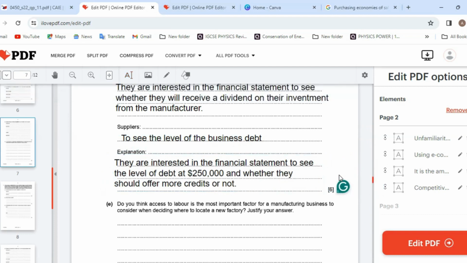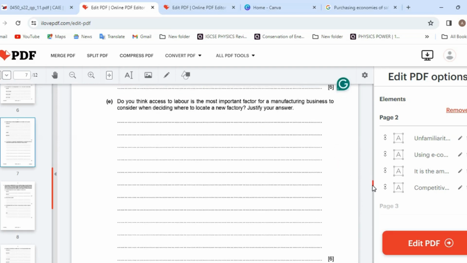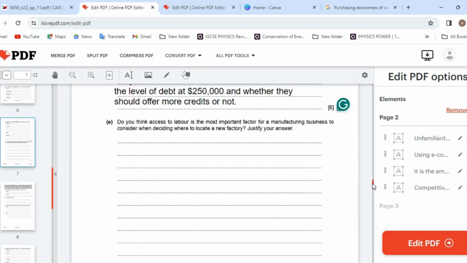Now let us move to the next question, as we are done with this. Do you think access to labor is the most important factor for a manufacturing business to consider when deciding where to locate a new factory? Justify your answer. Now let us bring out our point on accessing labor when locating a new factory.